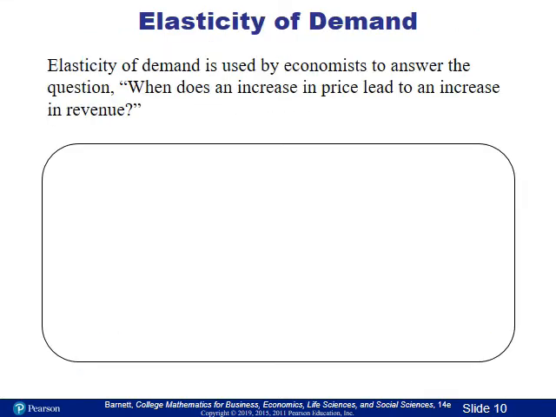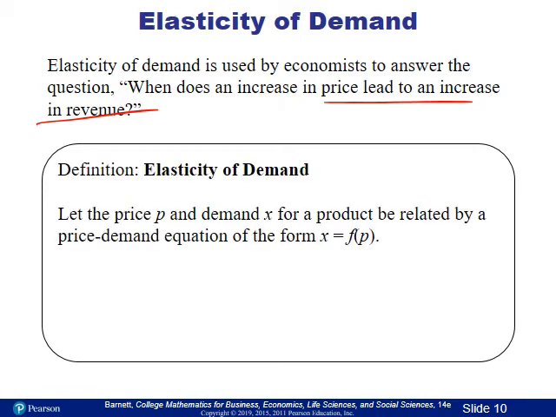Elasticity of demand is used by economists to answer the question, when does an increase in price lead to an increase in the revenue? Because as I said earlier, if you increase the price, demand may go down, which can impact your revenue. But when does an increase in price lead to an increase in revenue?